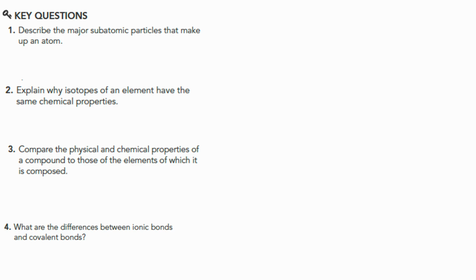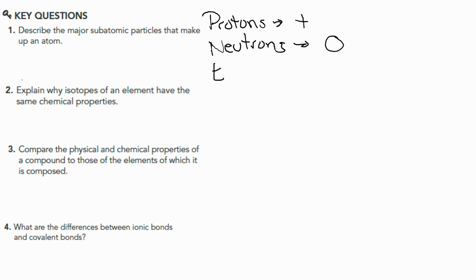So let's review some of the key points that we have. Key question number one: describe the major subatomic particles that make up an atom. The first one we have are protons. These are positive particles that are found in the nucleus. We also have neutrons, which are neutral or zero charge and are found in the nucleus. And then we have electrons, which are negative and are floating around the outside of the nucleus.